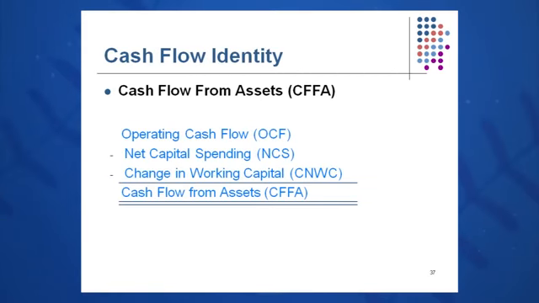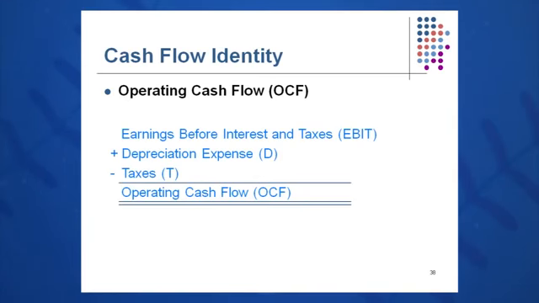Cash flow from assets, let's break this down and see where we find this information. If someday comes along where you have to calculate this, you'll know where to get it. Cash flow from assets is OCF minus NCS minus CNWC. So operating cash flow comes exclusively from the income statement. That's the first thing we have to find for any company.